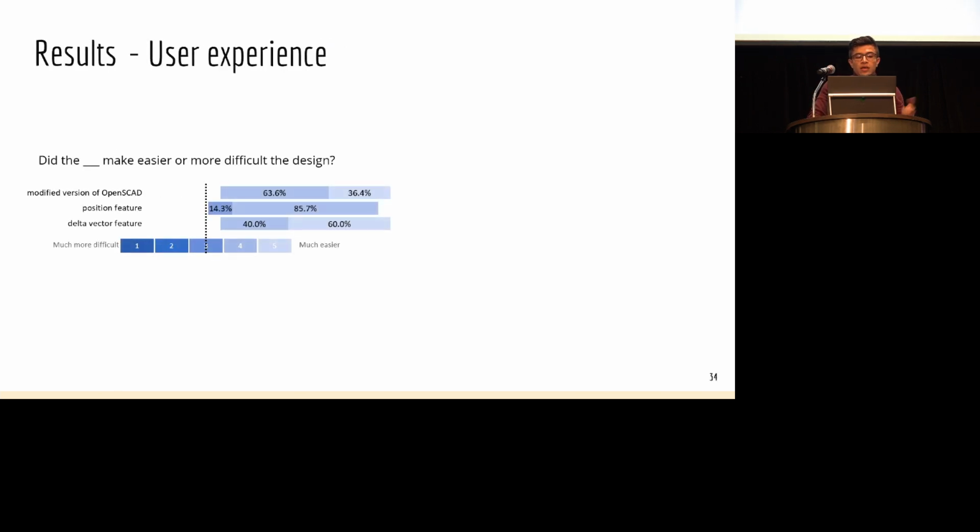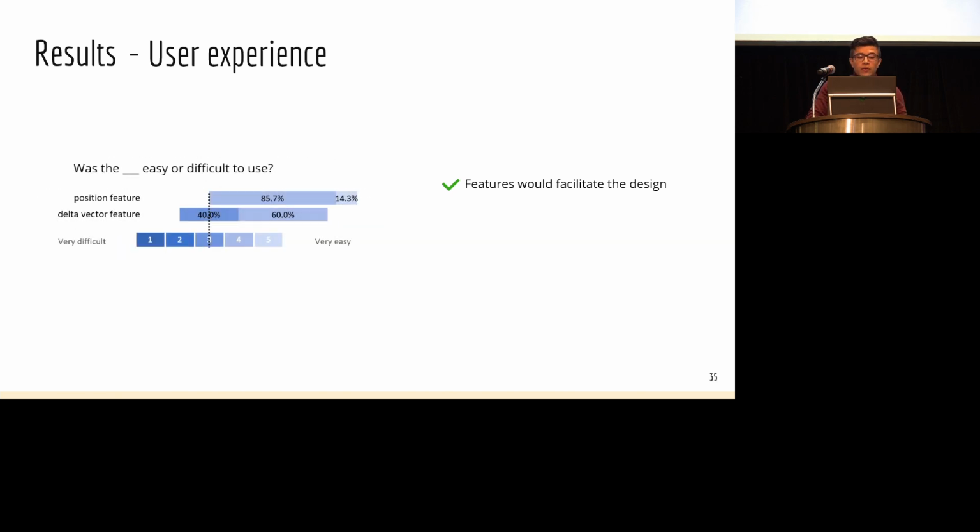Overall, participants expressed that the features would facilitate the design process in general. We also asked them if they were easy to use, and although most of them answered yes or most likely, we found some usability problems in terms of using right-click instead of left-click, and the workflow using delta vector, the order that they had to follow, like first selecting one object, after that the other one, and so on.